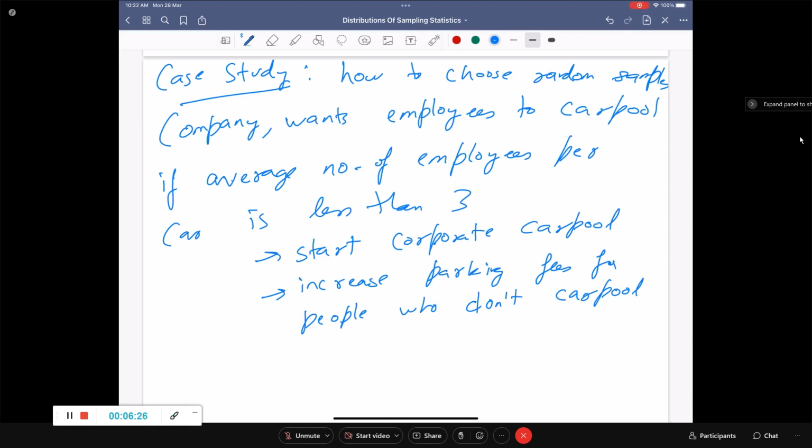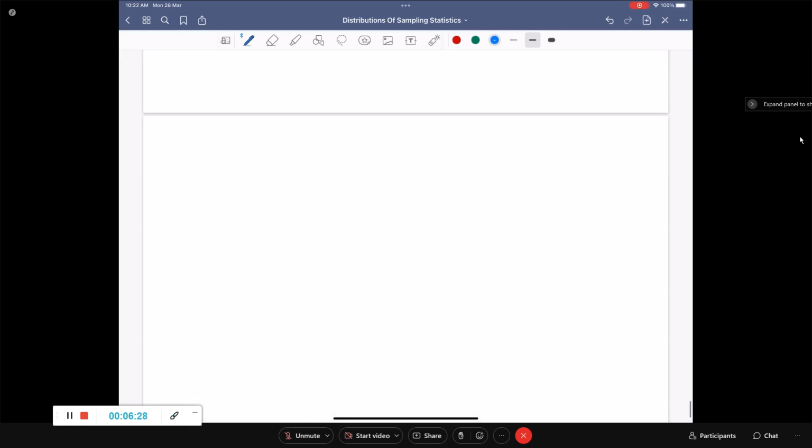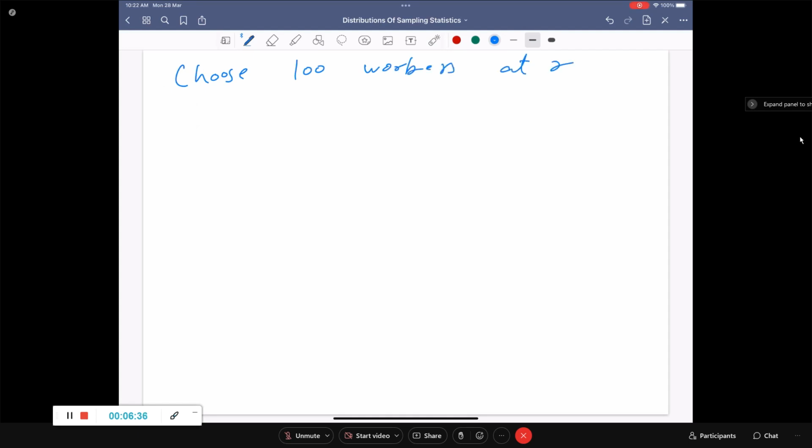So in order to conduct this survey, they choose 100 workers at random, and then they ask how many other people were there with you, or rather they ask the total number of people in the car in which you came today.